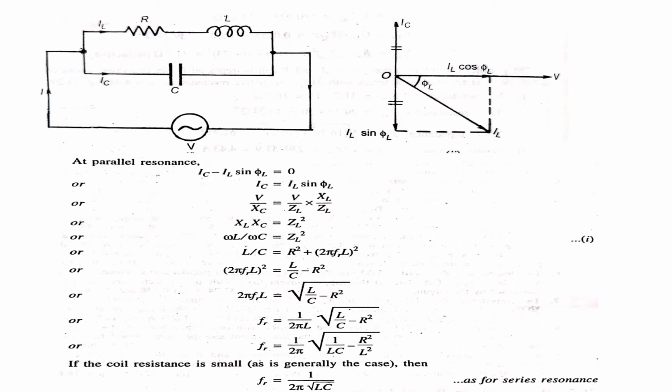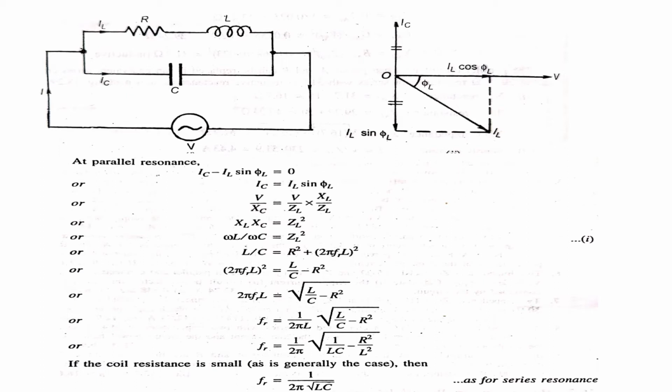IC is the current through the capacitance and IL sin phi L is the vertical component of the current through the resistance and inductance. So at parallel resonance, IC equal to IL sin phi L. Putting the values of IC, IL and sin phi L, we get V upon XC equal to V upon ZL into XL upon ZL.